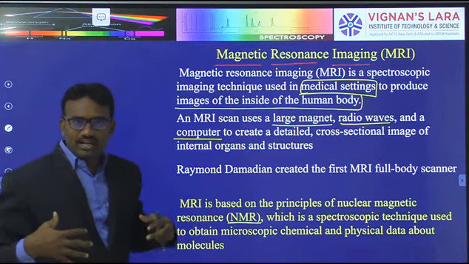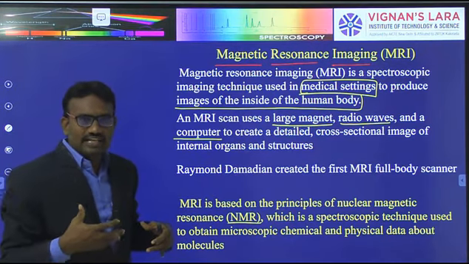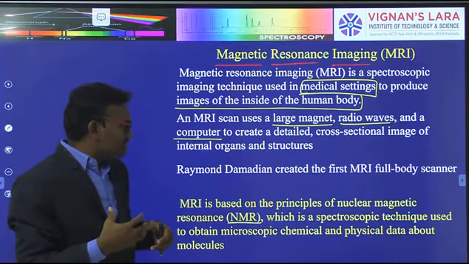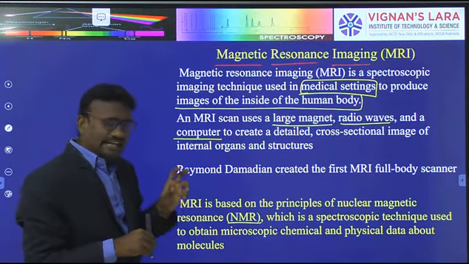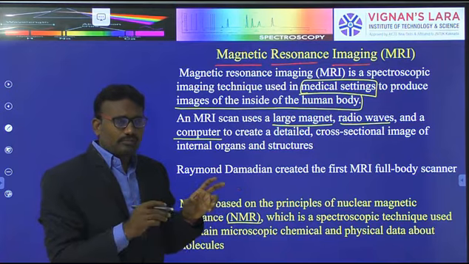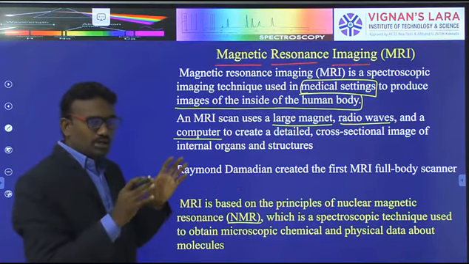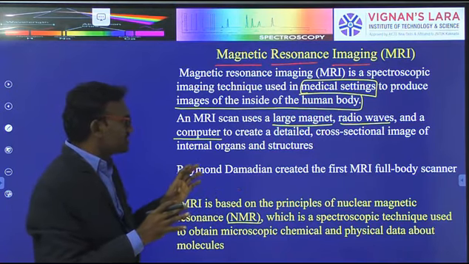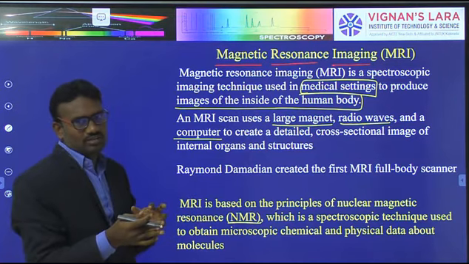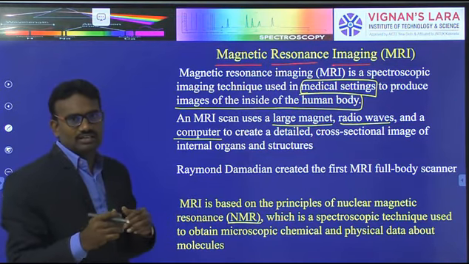Our internal body organs or tissues and any problems are detected, and the computer's cross-sectional images are printed out or provided on films to the patient.